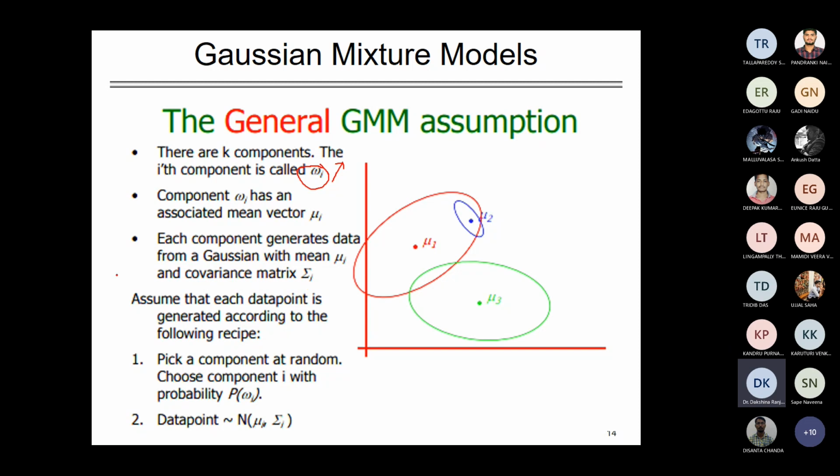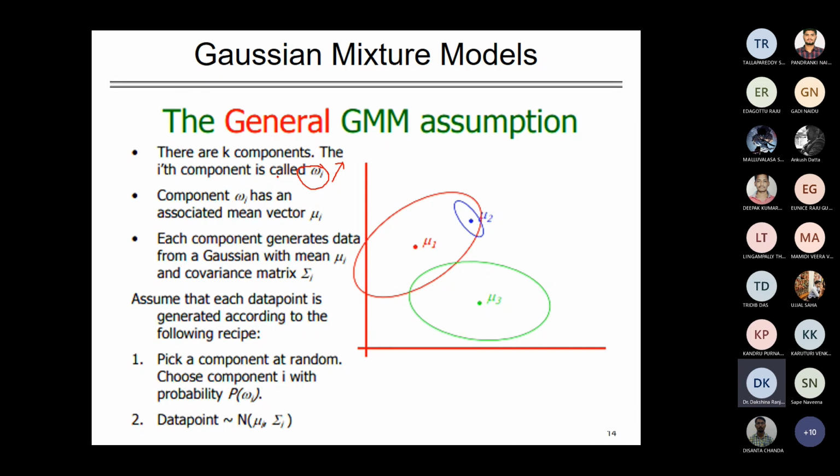Now we assume that each data point is generated according to the following constraint. We can pick a component at random. In the diagram we have three different means, mu1, mu2, and mu3, and around each mean or centroid we can define the density of the corresponding component.